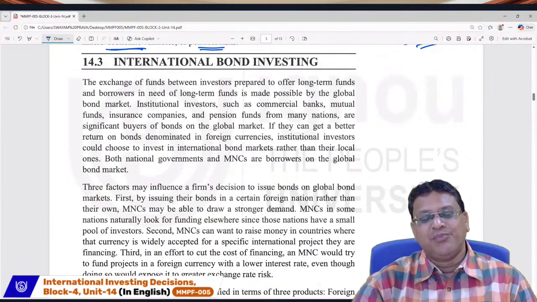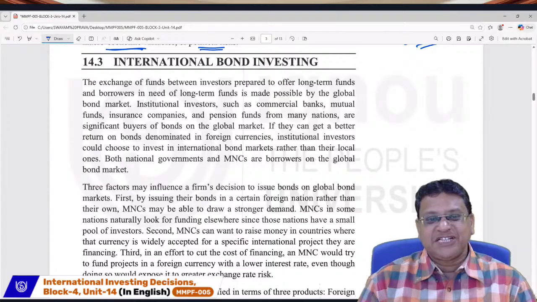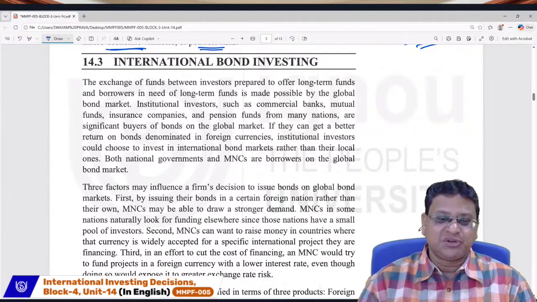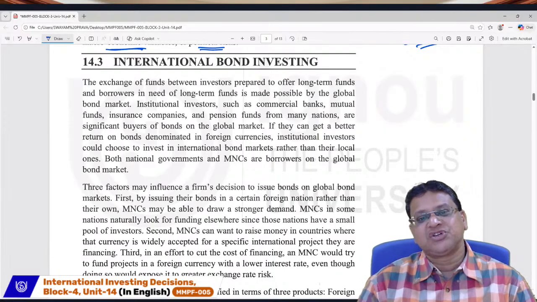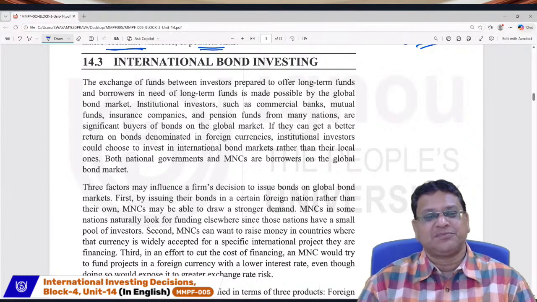What is a bond? A bond is a creditorship security. When you invest in a bond, you give a loan to a particular country. The loan capital of a company is divided into smaller parts, and each small part is known as a debenture or bond. The bondholders are the creditors of the company.